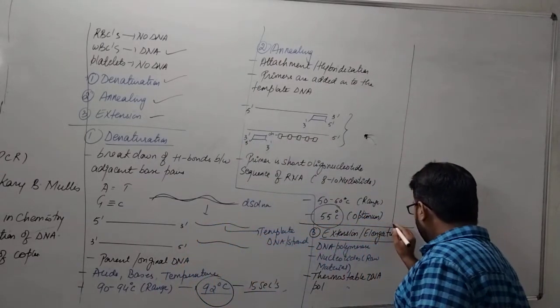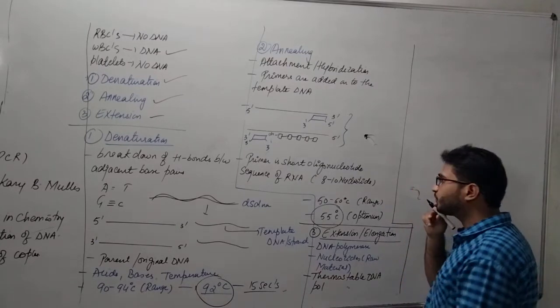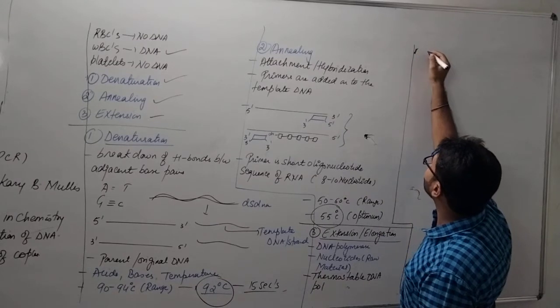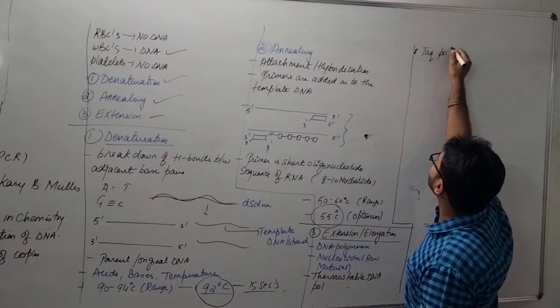The thermostable DNA polymerase is called Taq polymerase, which is isolated from Thermus aquaticus bacterium. So name of the polymerase is Taq polymerase.